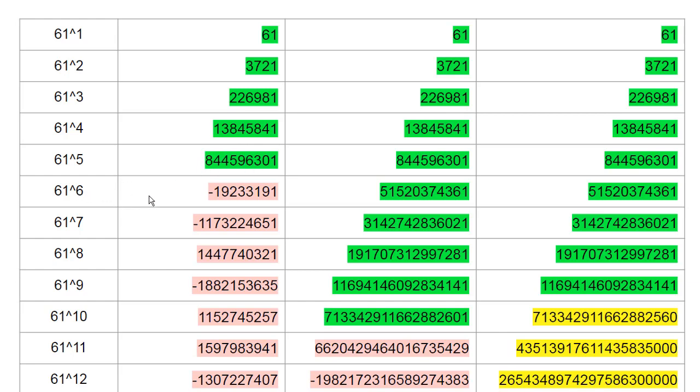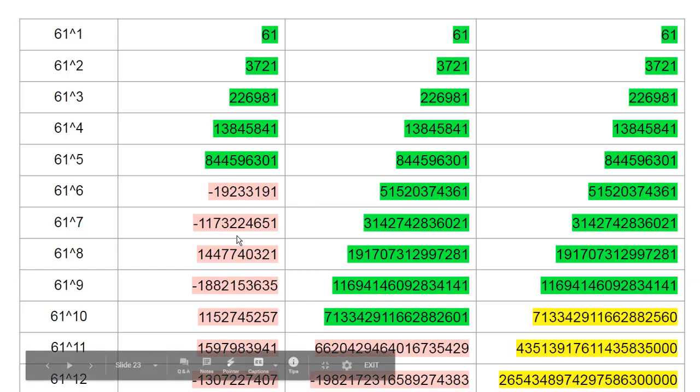But 61 to the 6, if we use 64, would be 2 to the 36. That is more than what can be represented using 4 bytes, so we start running into overflow. You can see the numbers jump around, sometimes negative, sometimes positive. Basically, the result doesn't make sense.